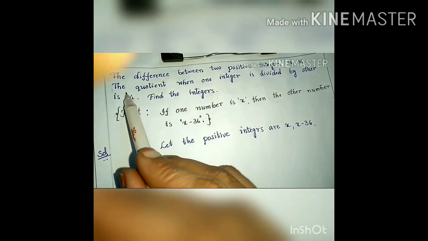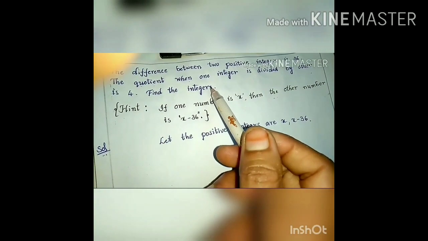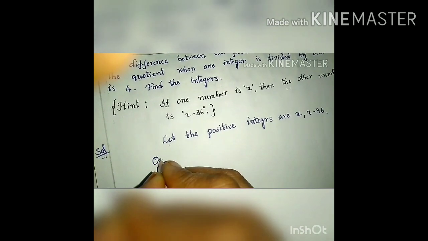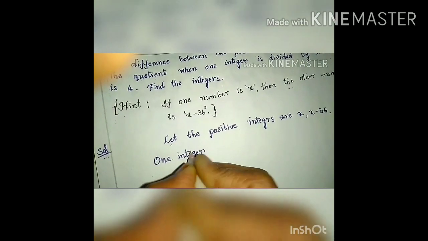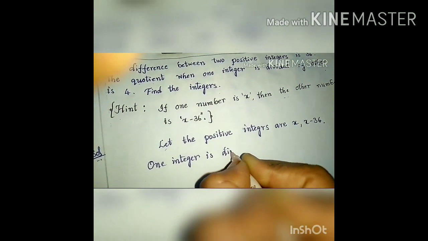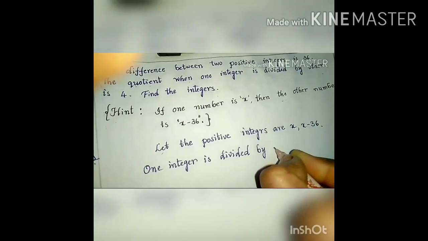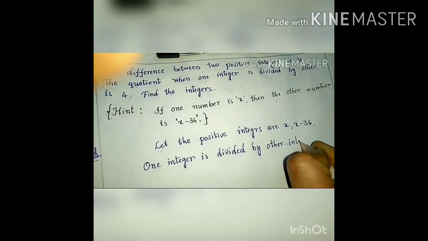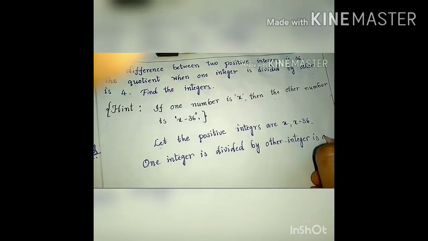So according to the problem, the quotient when one integer is divided by the other integer is 4.